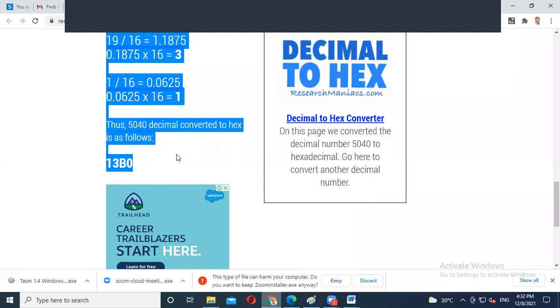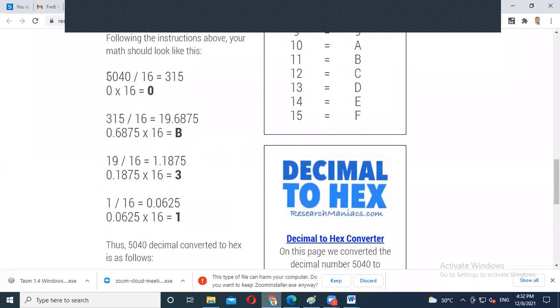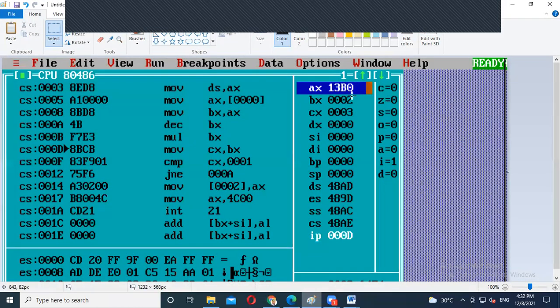So it means that converting 5040 to hexadecimal gives 13B0. So our output is 13B0 only. Okay. So this is our output 13B0. So we are correct. The 7 factorial in hexadecimal is 13B0. So this is the program output.